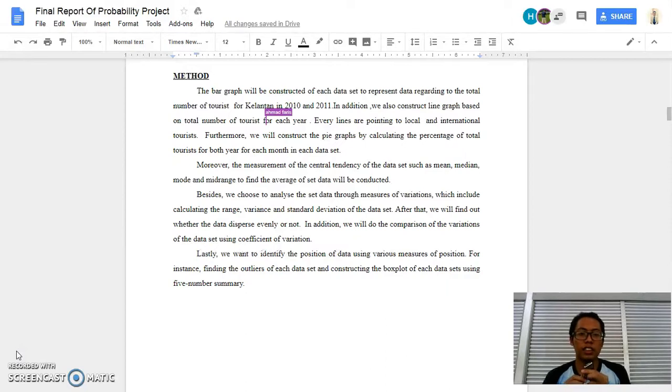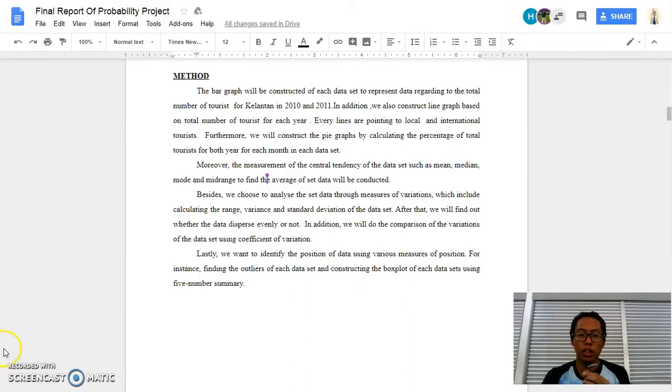Basically, we use a bar graph to represent the total number of tourists in Kelantan, and we also use a line graph to further picture the data. We also use a pie chart to see the percentage of tourists for each year.